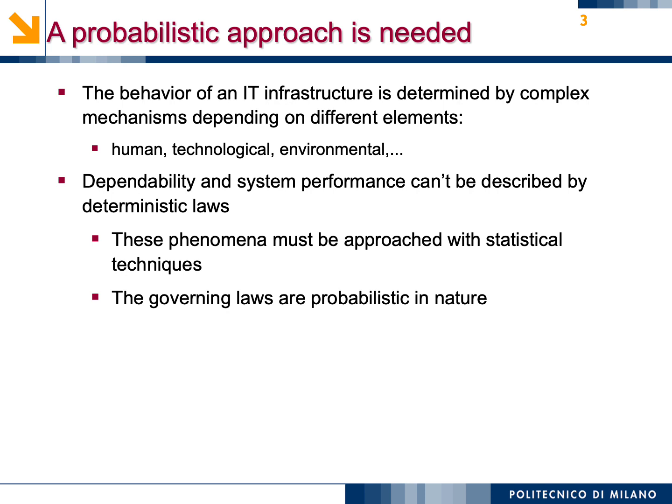This makes dependability, that we'll see in the second part of the course, and also performance, two topics that can be described using deterministic laws, but they should be approached using statistical techniques. Let's see how these laws look like in the context of dependability.